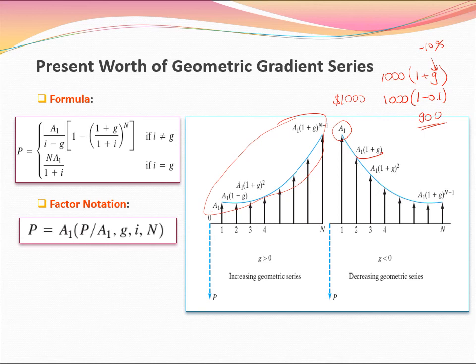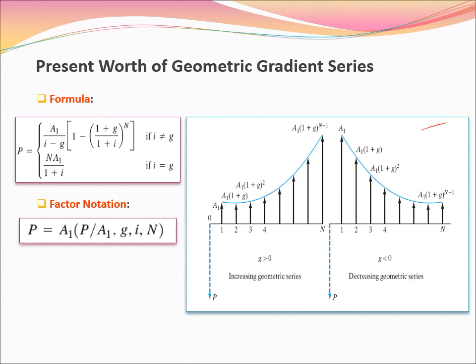And in the third period, we multiply one more time by 1 minus g, so it makes 1 plus g squared. The plus is used to have exactly the same formula for increase and decrease. What changes between these two cases is that in the first one, g is positive, but in the second one, g is negative. And when g is negative, our earnings or payments are not increasing, but decreasing geometrically.